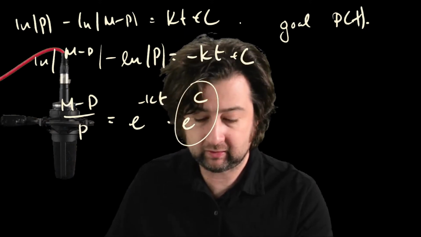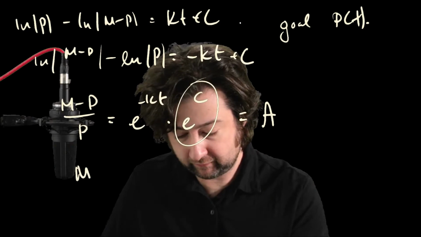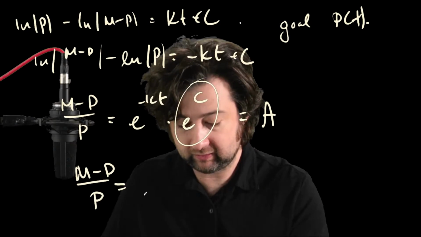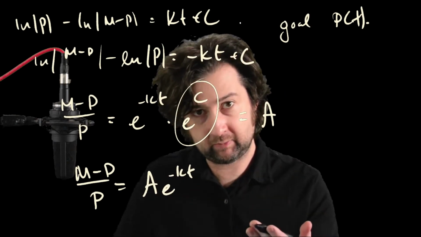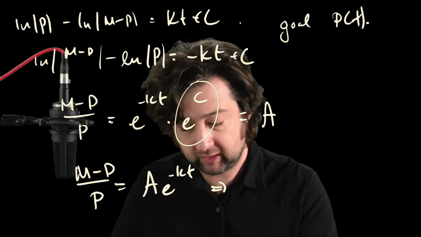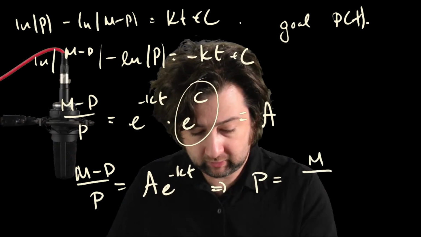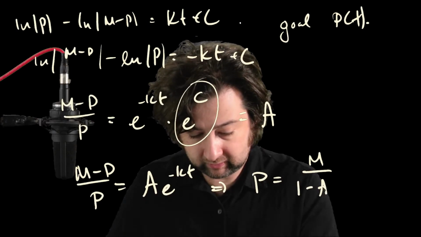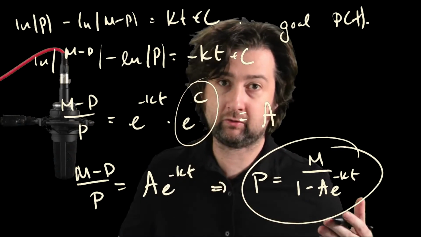The e to the c here is just some constant A. And if we work through the math for (M minus P) over P is equal to A e to the minus kt, you can do this by multiplying by P, subtracting it over, factoring, and then dividing. What you're going to end up with is P is equal to M over (1 plus A e to the minus kt). And this is the logistic growth function.